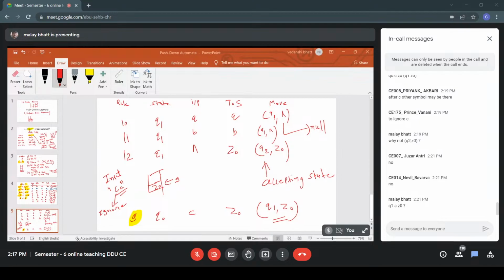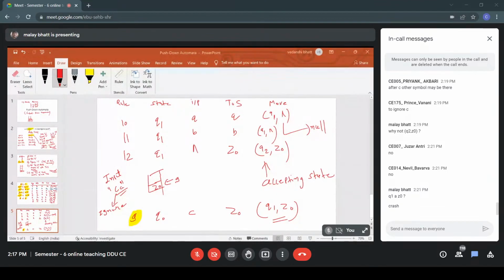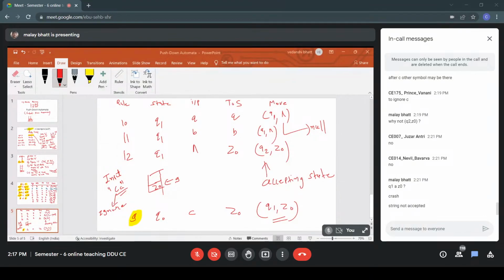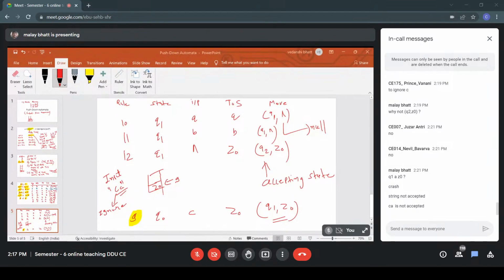No, because Q1 is the pop operation, A is the input, and the top of the stack is Z0. So the system will crash and the string is not accepted. I hope you now got why we write this. So CA is not accepted.